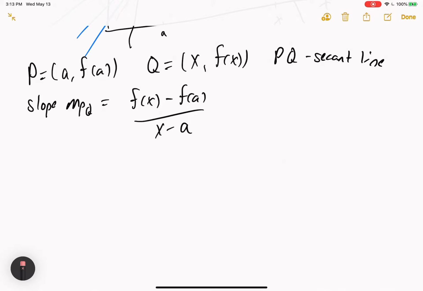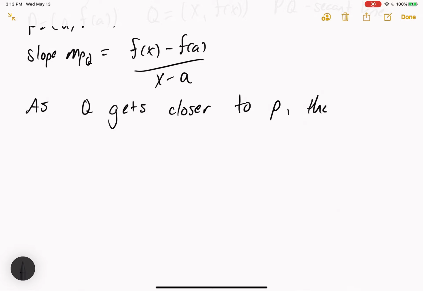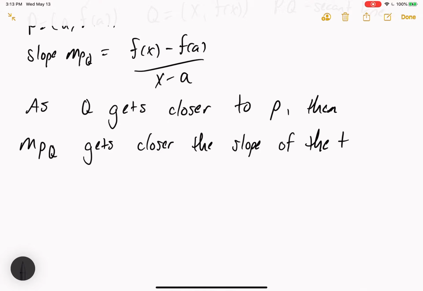But the idea of what's going on is, as Q gets closer to P, then M_PQ gets closer to the slope of the tangent line. And we're just going to call that slope, in parentheses, M.